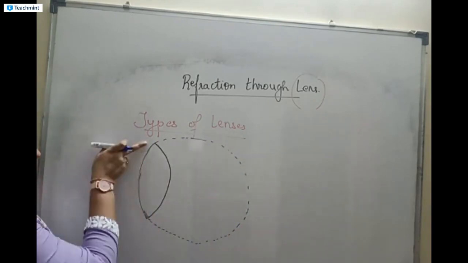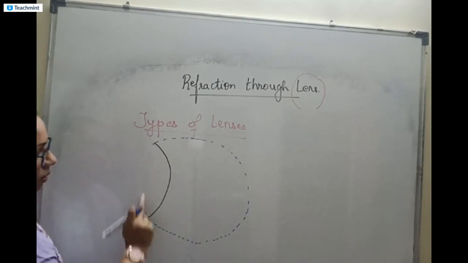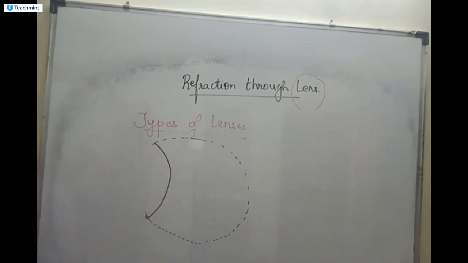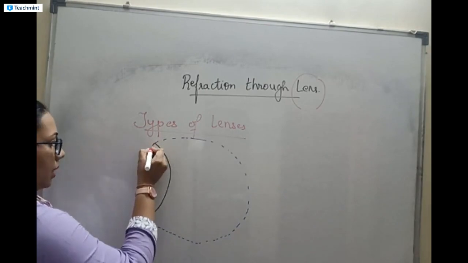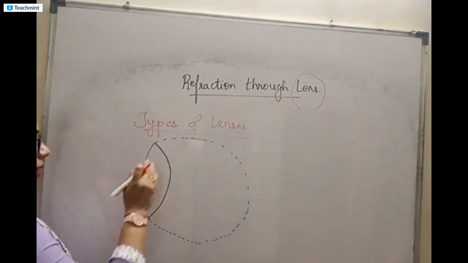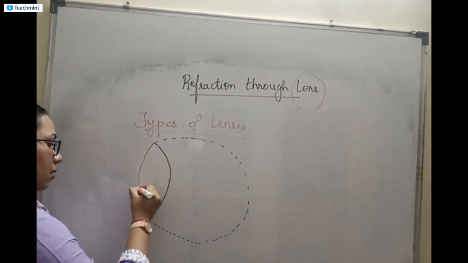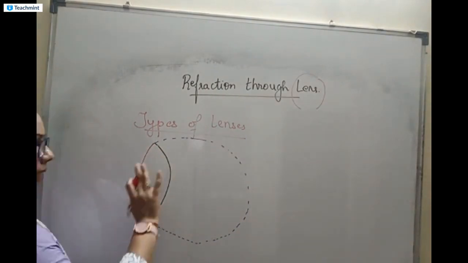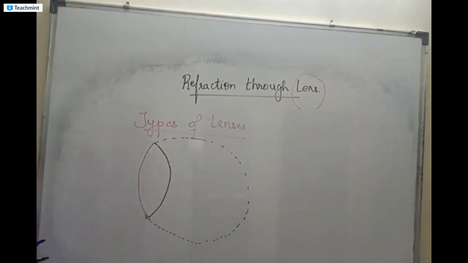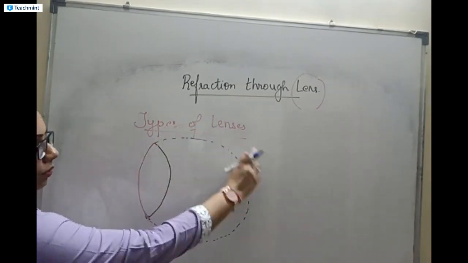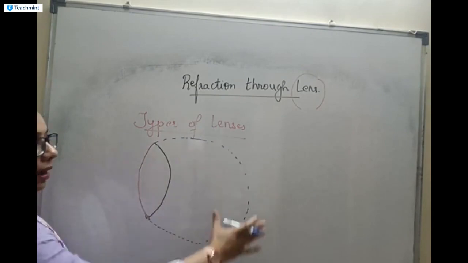This is for the left curved region. I'll mark that with a red color so that you understand that while we discuss lens, we're actually taking two spherical mirrors. So this red region is a part of a spherical mirror that falls on the right side.